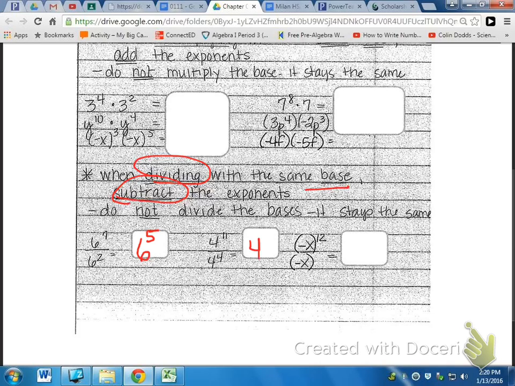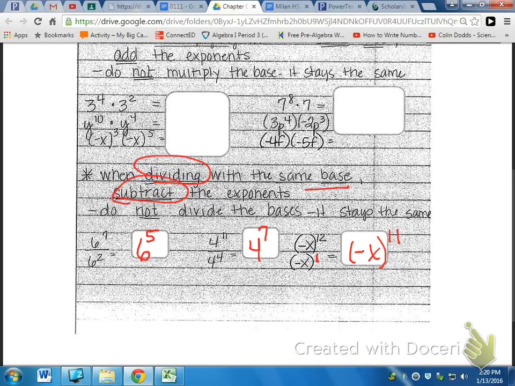So you leave the 4, and 11 minus 4 is 7. 4 to the 7th power. And finally, negative x to the 12th over negative x. If there's nothing written there, we know it's a 1. We've got to keep negative x in parentheses, and 12 minus 1 would be 11.